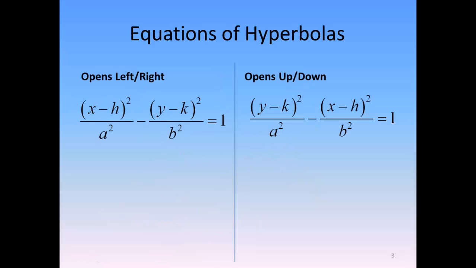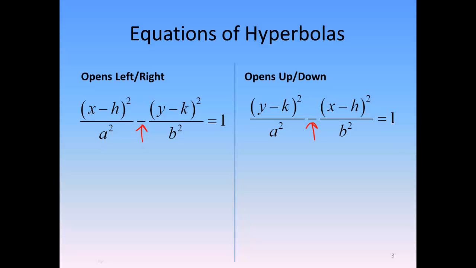So, equations of a hyperbola come in two different forms, and the first thing I want to point out is that on a hyperbola, this middle sign is a subtraction sign. On an ellipse, it was a plus sign.